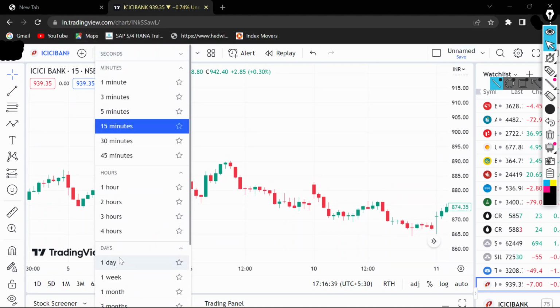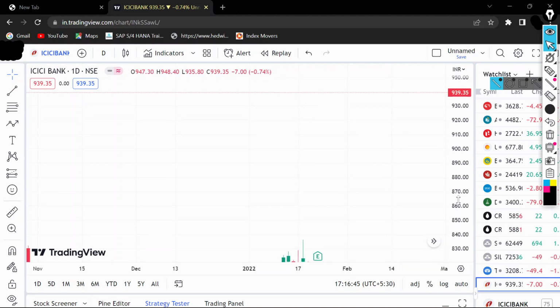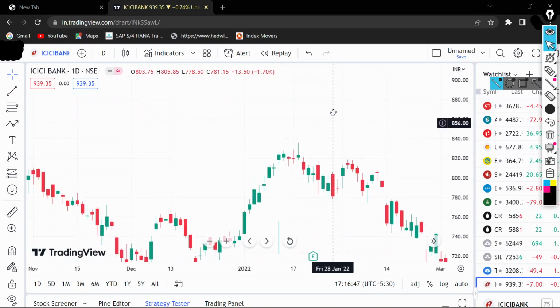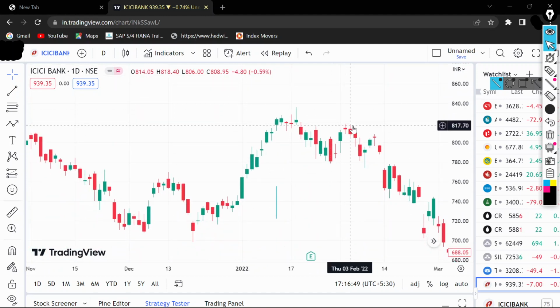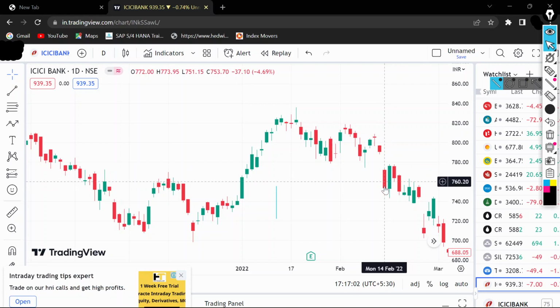Let me make it 1 day. You can see here, one is red in color, one is green, one is red. If I take the 15th February 2022 candle, it is green in color. That is, it has a positive closing that day. It opened here, closed here. So it's green: opening is lower, closing is higher.